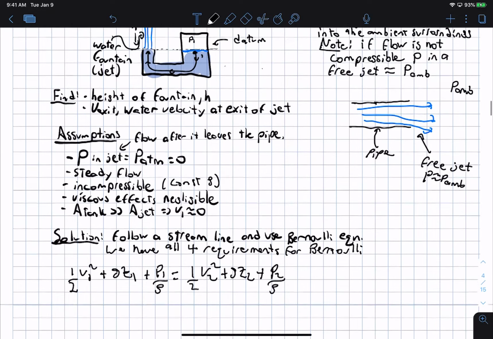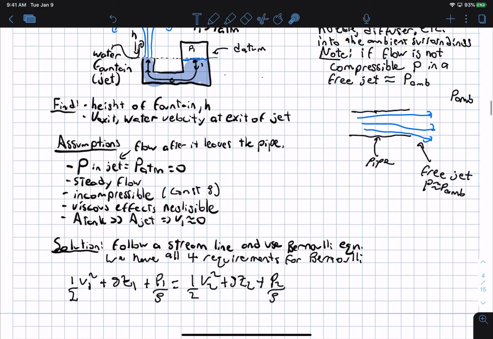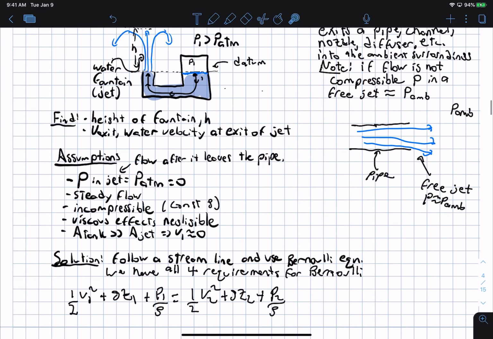To solve these problems, it is traditional to pick a datum. A datum is just a line where we are going to measure the change of elevation. Here I'm going to choose the datum to be at the top of the tank, which is also the point where the water exits the channel. So Z1, because it is at the datum, is 0.